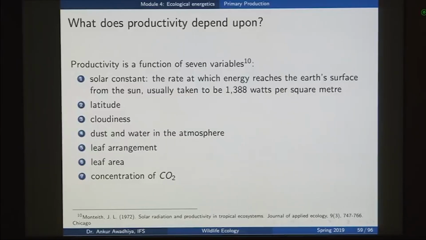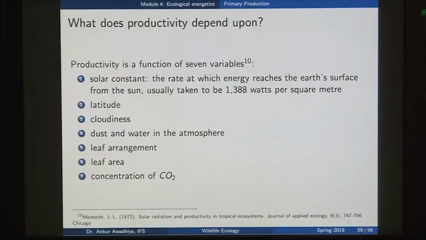Now, this is the energy that is received from the sun on average, but different areas would be receiving different amounts of energy depending upon the latitude, the cloudiness of that place, and also the dust and water in the atmosphere, because dust and water will also occlude or block the photosynthetically active radiation that is reaching the plants. The amount of sunlight received by the plant will also depend on the area of leaves that the plant has and the arrangement of leaves.